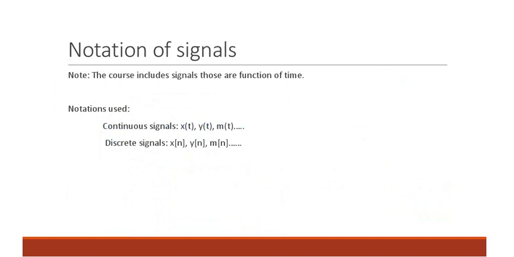So we'll be using signals which are only functions of time, and they're all 1D signals. For example, we'll say signal f of t, we'll be using signal s of t, and so on. Whatever signals we use are all one-dimensional signals involving only one independent variable, and the independent variable is a function of time only.